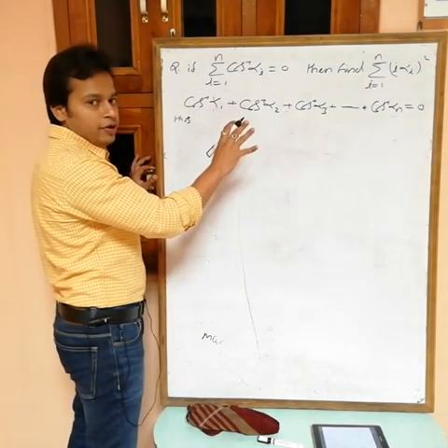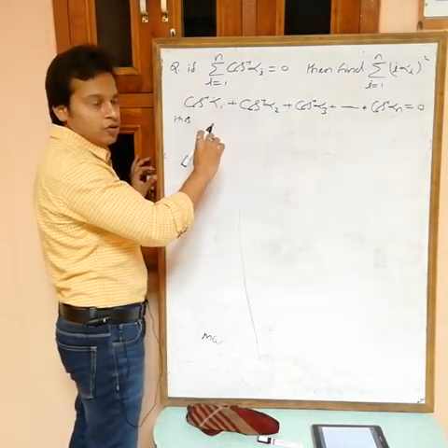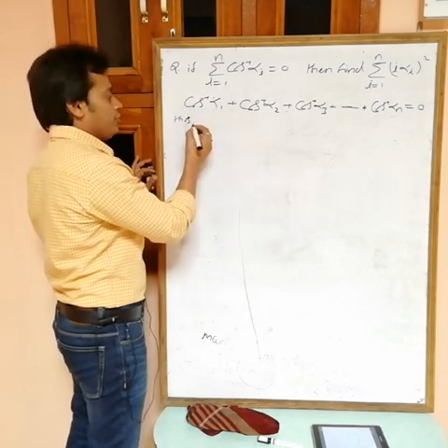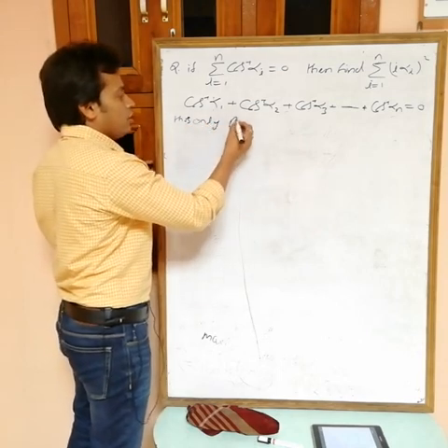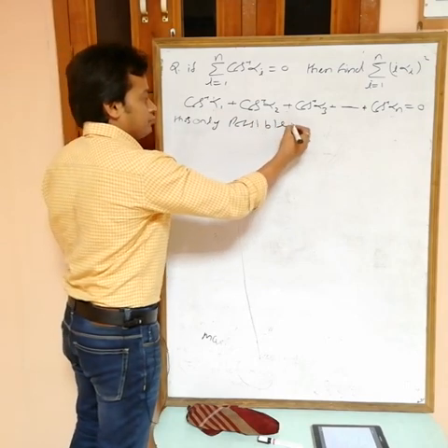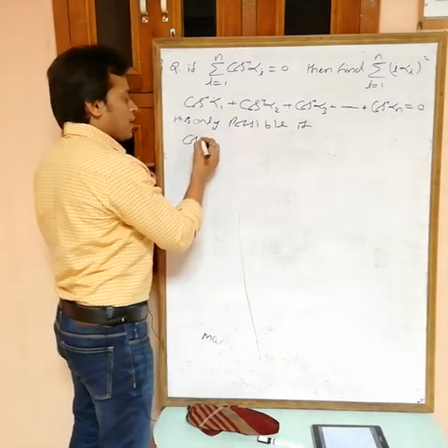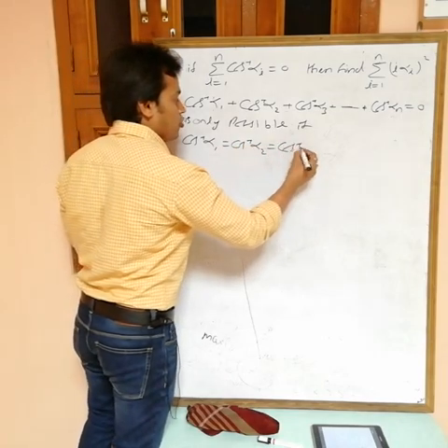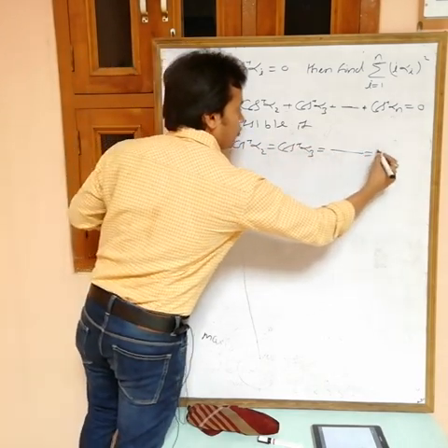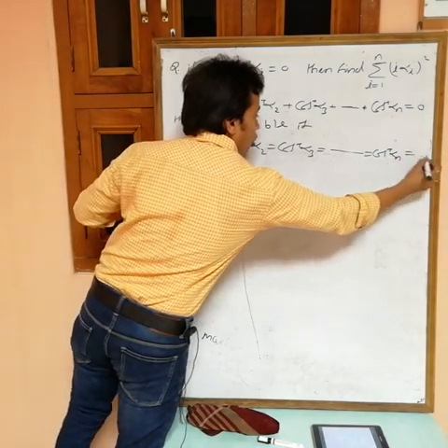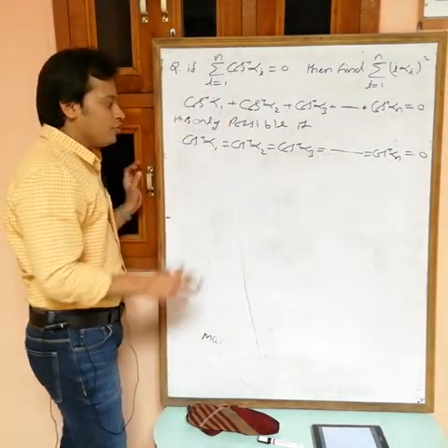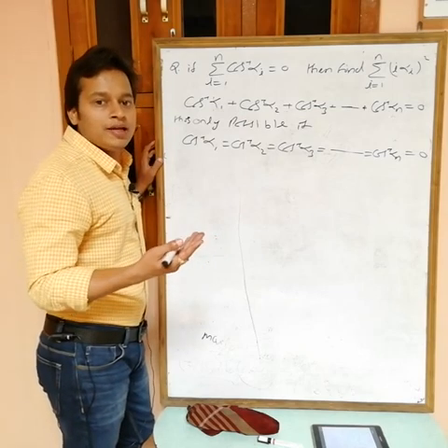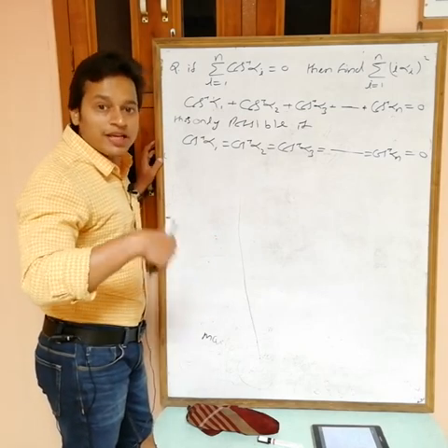Cos inverse can't be negative. The minimum value of cos inverse is 0 and we want the sum to be 0, so this is only possible if all are 0. That is, cos inverse alpha 1 equals cos inverse alpha 2 equals cos inverse alpha 3 and so on, all equal to 0. When is cos inverse equal to 0? At x equals 1, cos inverse 1 is 0.